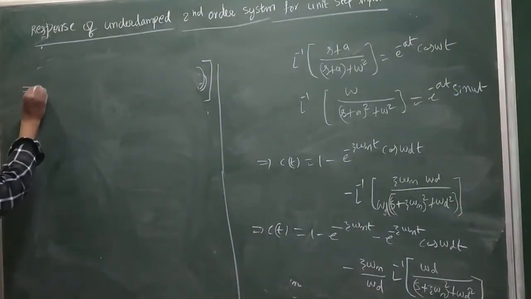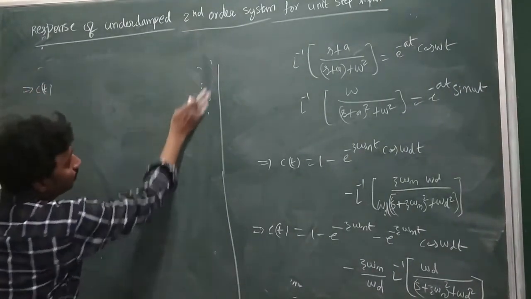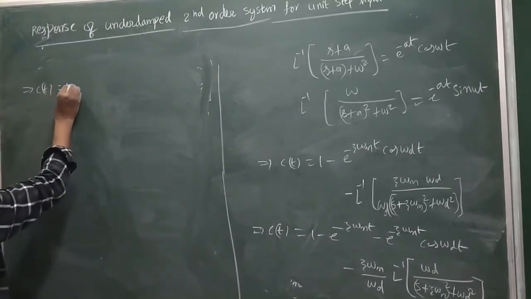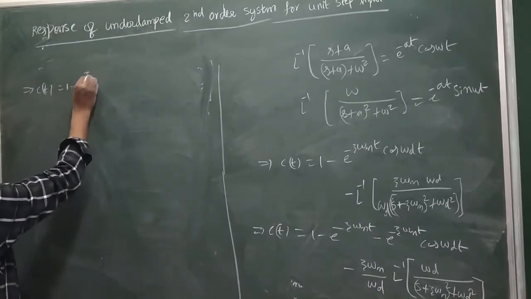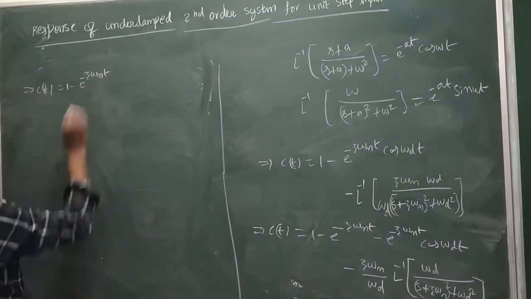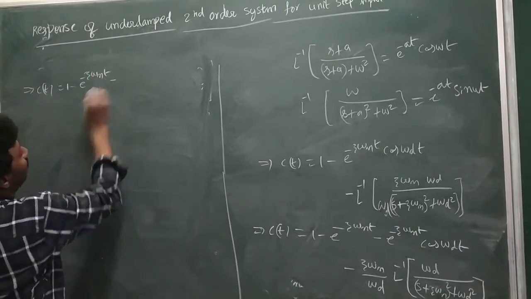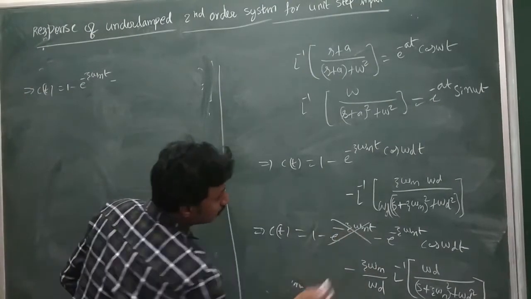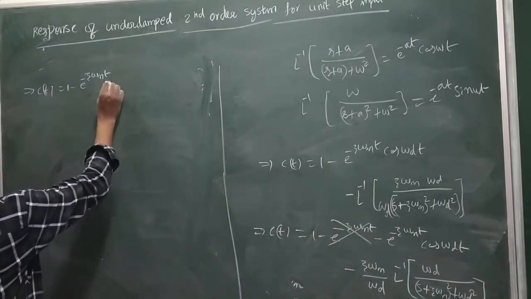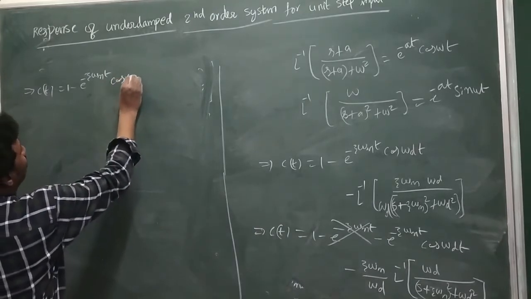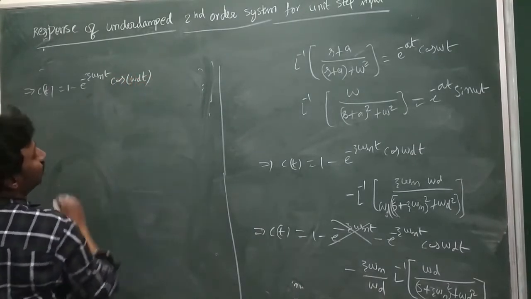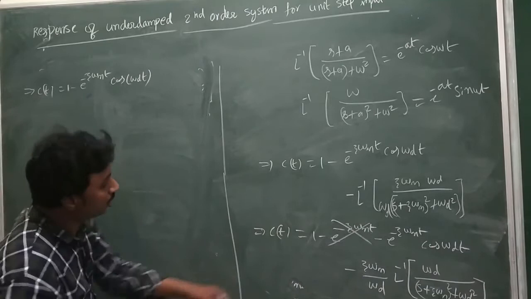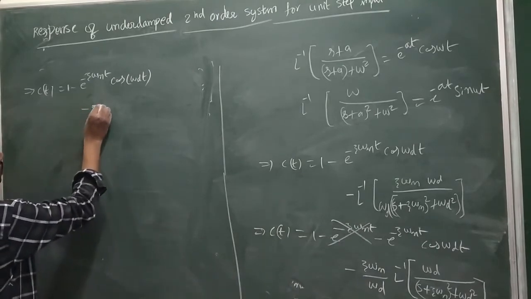So here c of t is equal to 1 minus e raised to minus zeta omega n t, right, minus cos omega d t. So I am going to write this one minus zeta omega n.